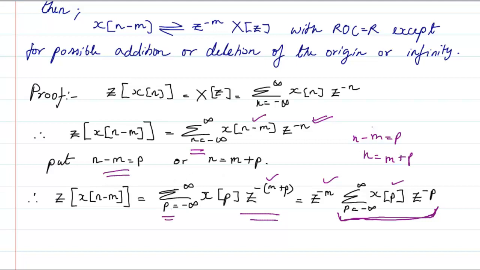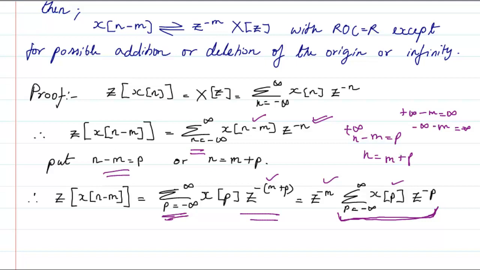See, if n is equal to minus infinity, then p is equal to minus infinity minus m, which is actually minus infinity itself. Whereas if n is equal to plus infinity, then p is equal to plus infinity minus m, which is again plus infinity. So the limits stay minus infinity to plus infinity.